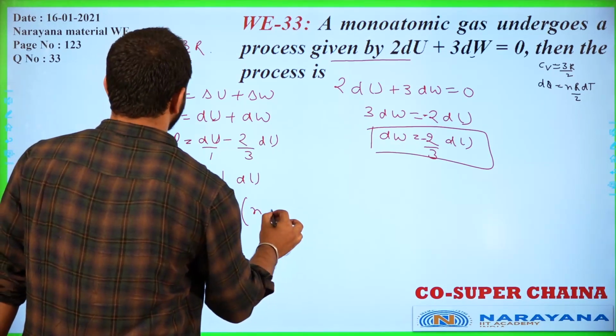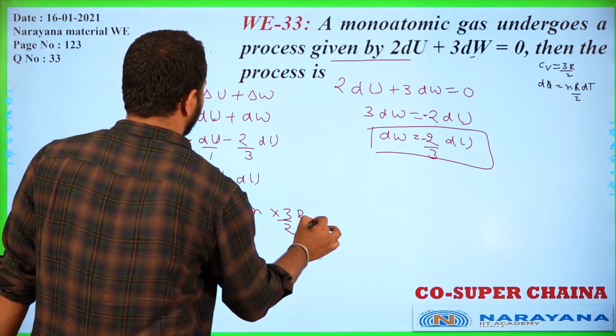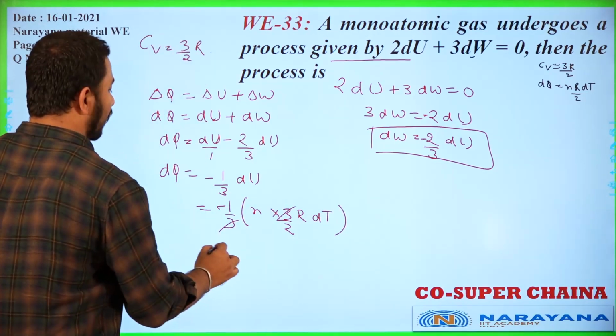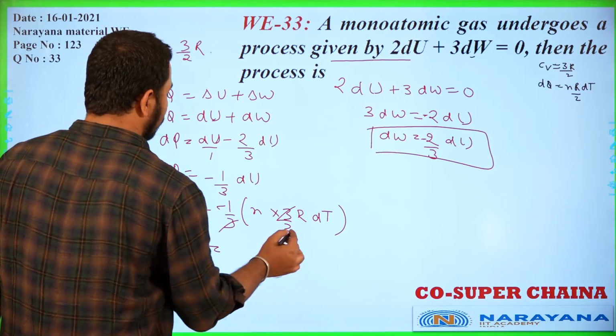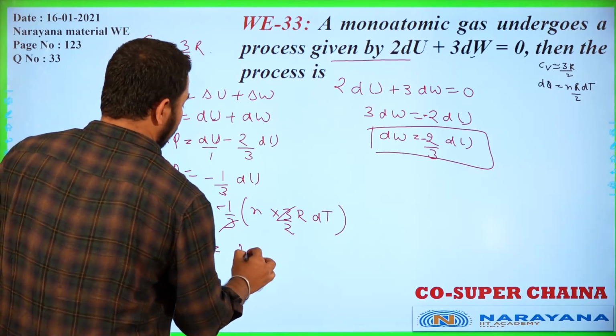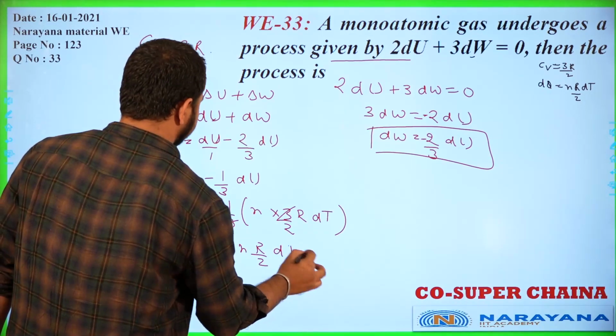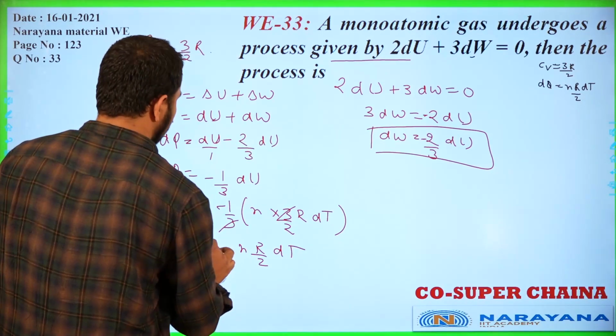Cv value is 3 by 2r into dt, so 3 will be cancelled out. What we are getting is 1 by n r by 2 dt. This is the dq value coming.